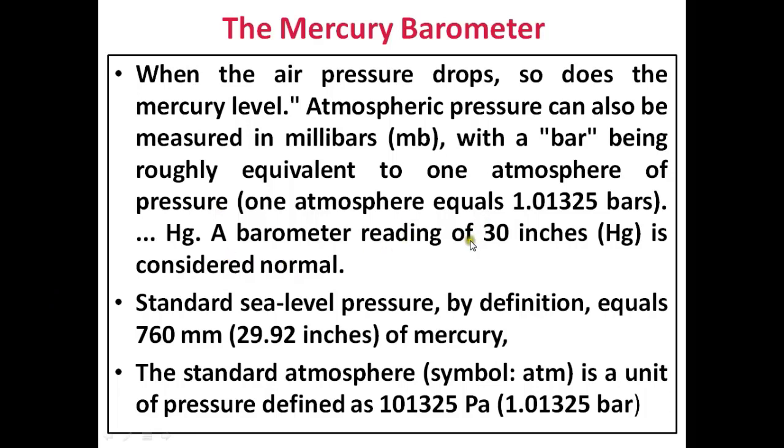Also a barometer reading of 30 inch is considered normal. Standard sea level pressure, by definition, equals 760 mm of the mercury, and the standard atmospheric pressure, which is given symbolically as atm for the atmosphere, is a unit of pressure defined as 101,325 Pascal.